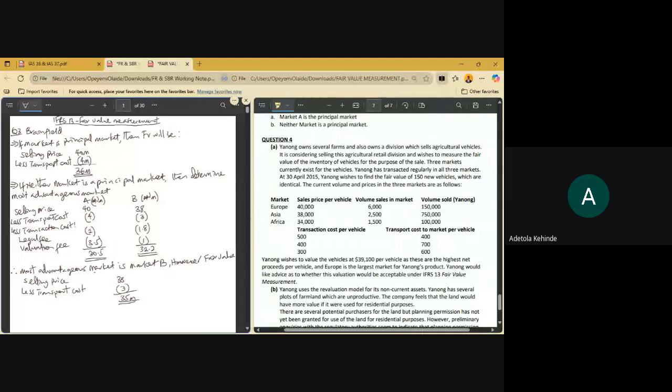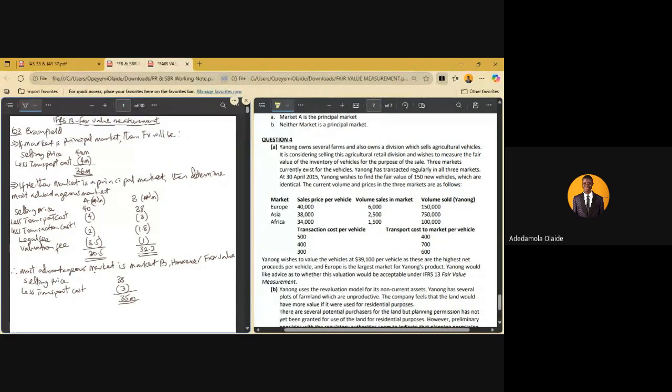The current volume and price in the three markets are as follows. Yanong wishes to value the vehicle at $39,100 per vehicle, as these are the highest net proceeds per vehicle, and Europe is the largest market for Yanong products. Yanong would like advice as to whether this valuation will be acceptable under IFRS 13 fair value measurements.